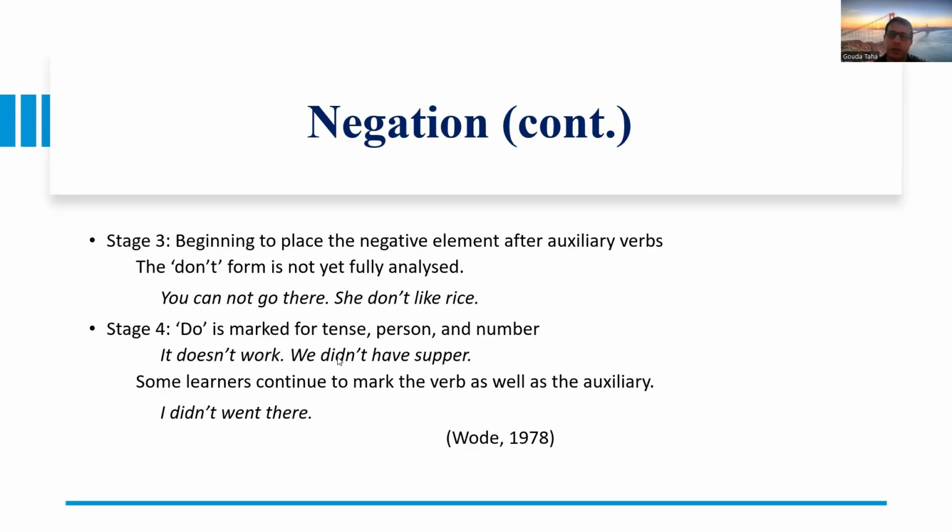Here it's being marked for the tense in the past. Also, some learners continue to mark the verb as well as the auxiliary, like it didn't went there at this stage, instead of saying I didn't go there. At least they ended up using the right negative element marked for the tense, but the main verb is still being conjugated to agree with the tense, which is not correct.